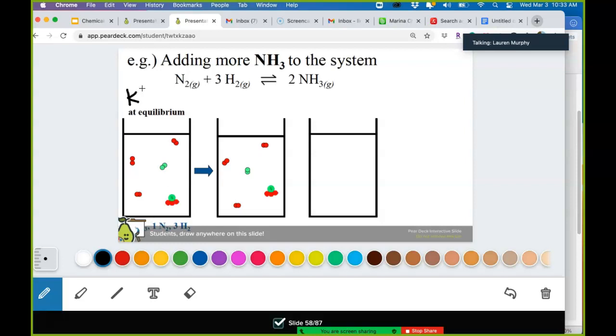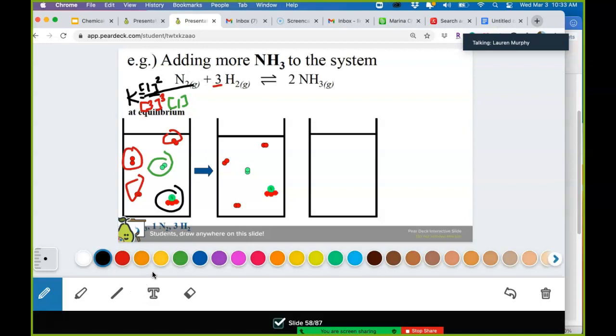Well, I have one ammonia, right? There's one of them. I have 1, 2, 3 hydrogens. And the hydrogen is cubed because there's a 3 in front of it. And I have 1 nitrogen. So 1 squared is 1, divided by 3 cubed is 27.